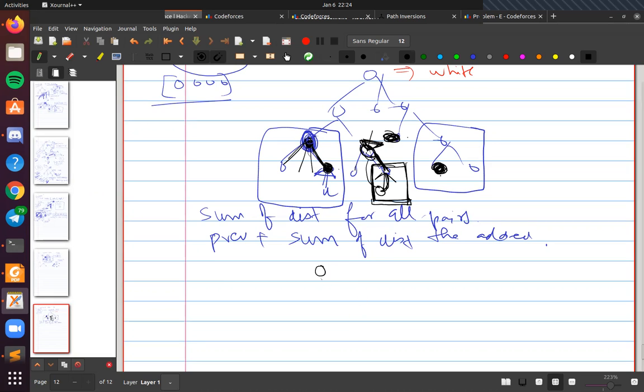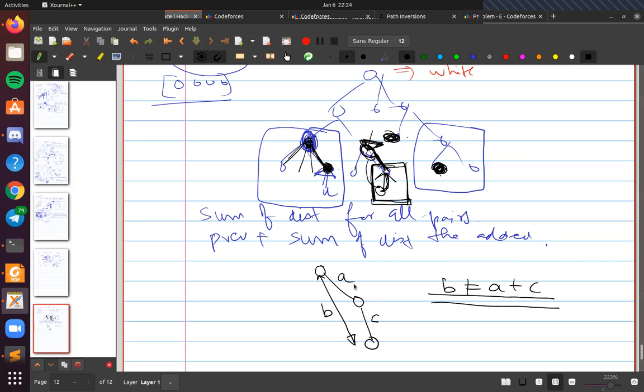What I'm saying is you need to do other things also, because let's say this is distance b, this is distance a and this is distance c, then b is not equal to a plus c. This is the centroid tree, so these are the distances in the original tree. If you want to subtract the distances, then you have to store their distances from its parent also.